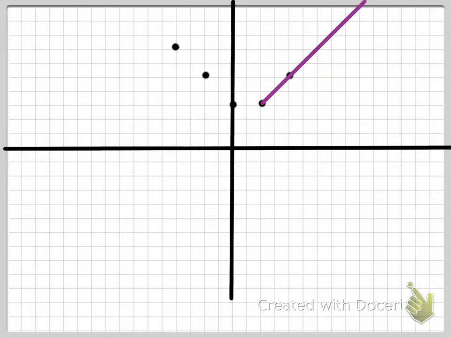Well, I can't really see where my V is, but if I extend on down here, I can see that those would meet up at the same point, and that point is 1, 2. And if I actually try the point 1, I can see that 2 comes out as the result. So this is my absolute value graphed.